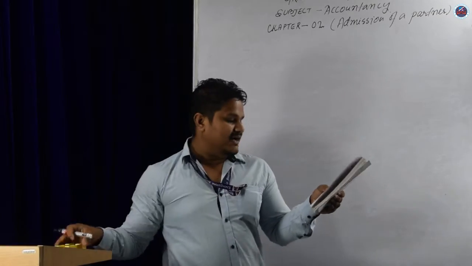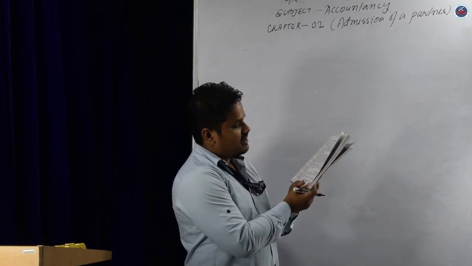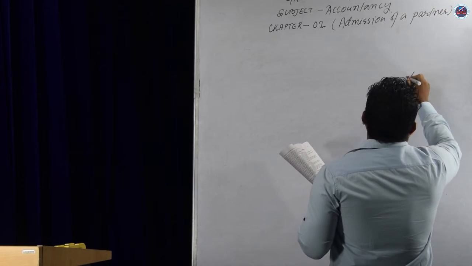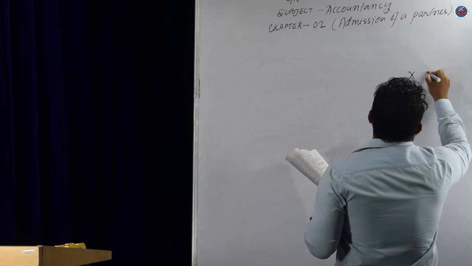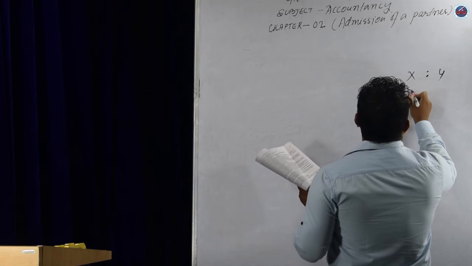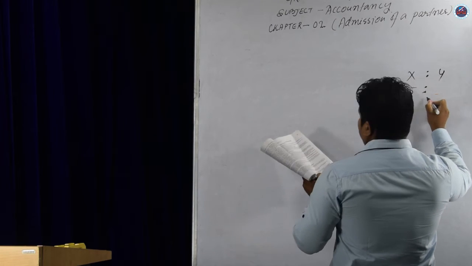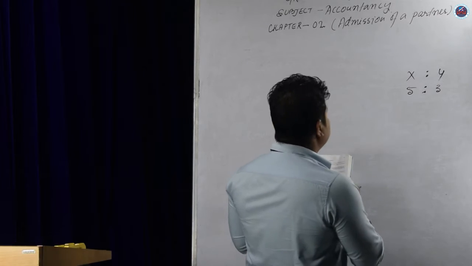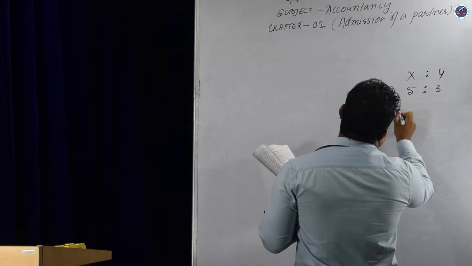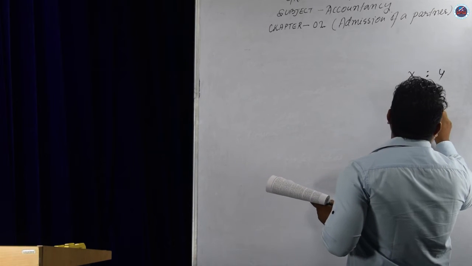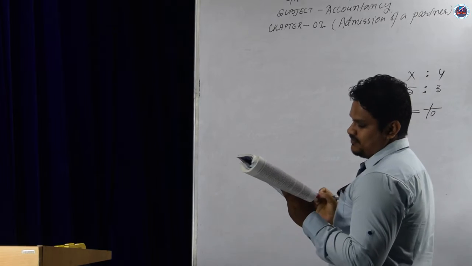Question number 3. X and Y are partners sharing profit and loss in the ratio 5 is to 3. There are 2 partners, X and Y. X's share is 5 and Y's share is 3 before the admission of Z. Now Z is admitted into the partnership firm and Z should get 1 by 10 of share.